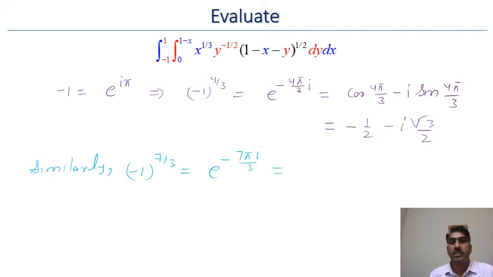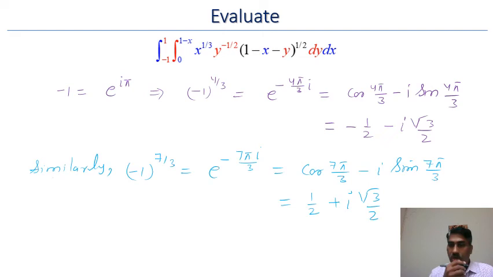So you will get cos 7 pi by 3 minus I sine 7 pi by 3, and you will get 1 by 2 plus I times root 3 by 2. Now you can evaluate C. So let us see what the constant C becomes.